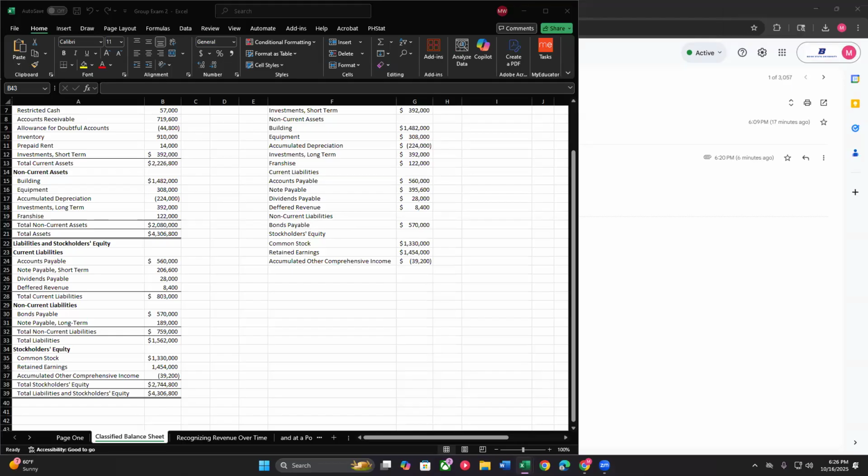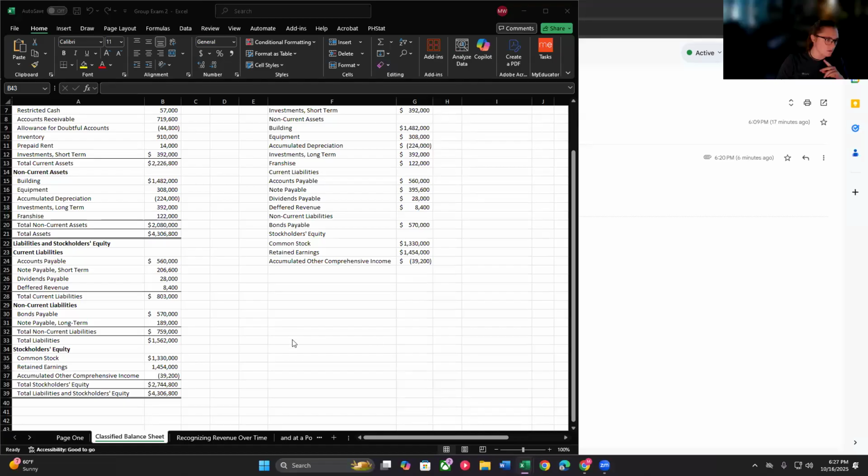The only thing I have a little bit different is I don't have as many money signs. I only have it at the top and then for the total stockholders equity, total liability and total assets. Oh, that is true. I think it's only supposed to be the total and the first one in the line. Yeah, that's what I meant to do. I messed up with the investments short term, but I tried to do only the first one under current assets.